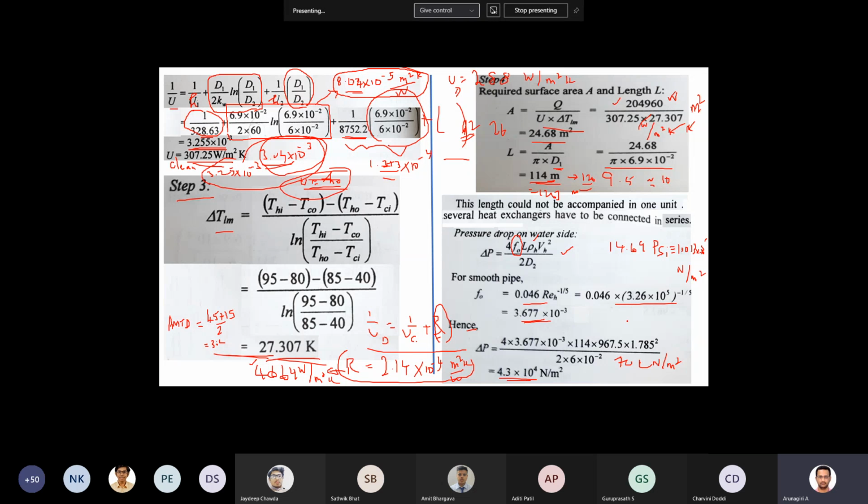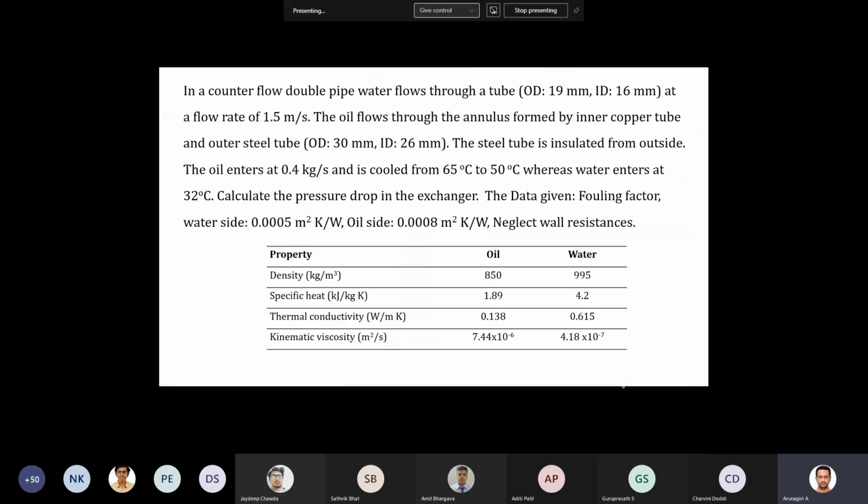So 10 psi means 10 divided by 14.7 into 1.013 into 10 power 5, so 68.9 kilonewton per meter square, approximately 70. Here you are getting 43 kilonewton per meter square. This is below the permissible value.